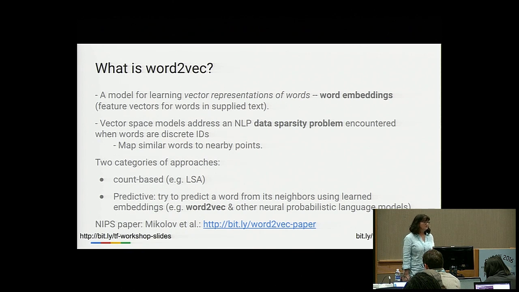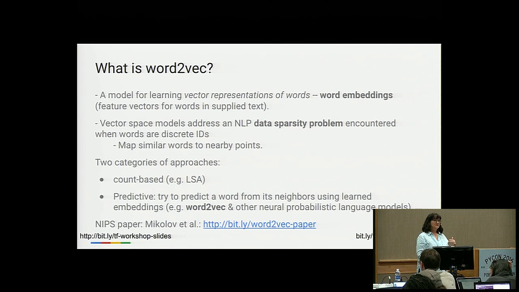Okay. So there are 2 categories of approaches that people tend to take, and the goal is to generate vectors for words so that similar words are nearby each other in the vector space. One approach is a so-called count-based approach, like latent semantic analysis, for example. And the one that we're going to talk about here is using learned embeddings.